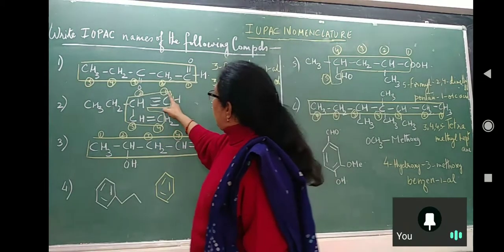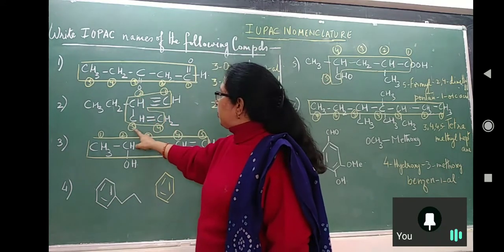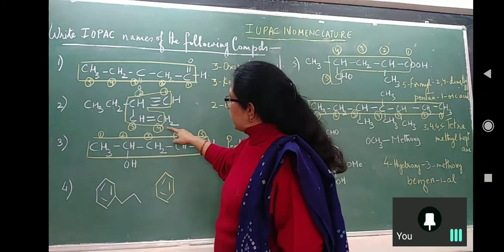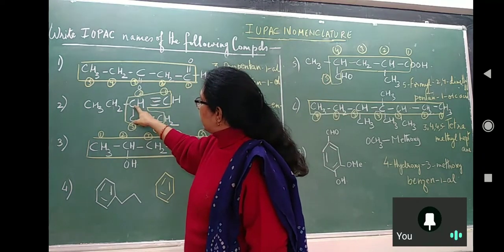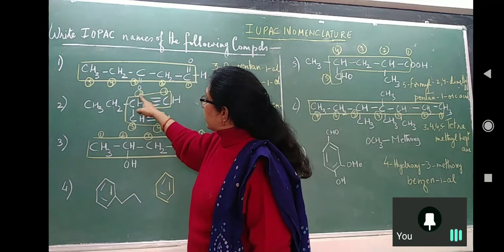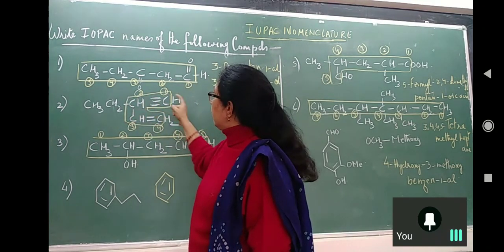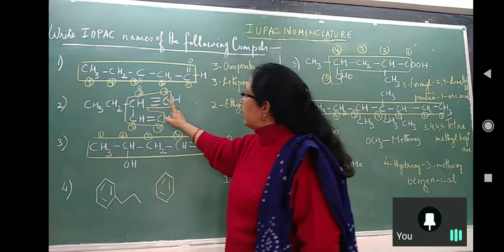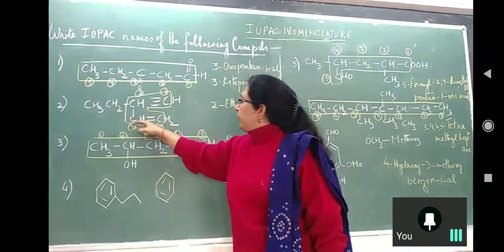Yes, 1 plus 2, 3, 3 plus 4, 3 plus 3, 6. From this end we will number 1, 1 plus 3. From here it is getting 2 as substituent, from here it is getting 3. So this will be 1 plus 3 plus 3, which comes out to be 7. So from this side we will number.